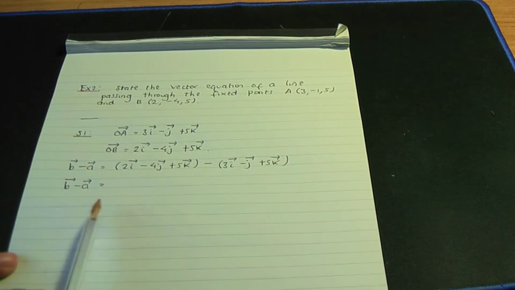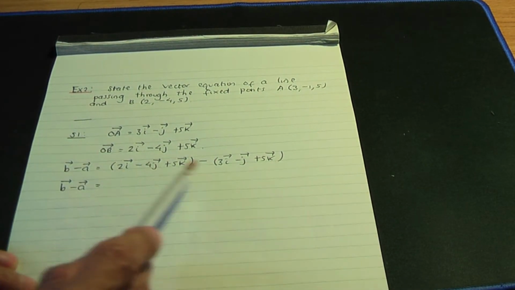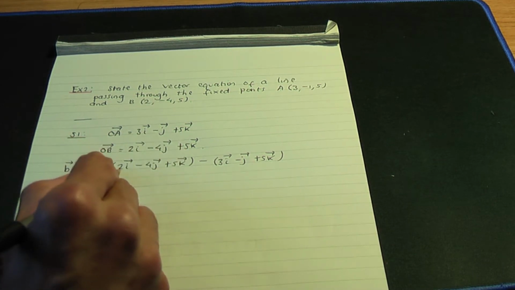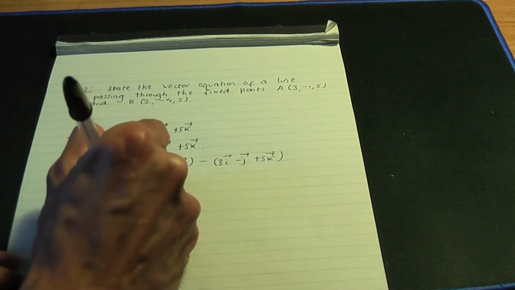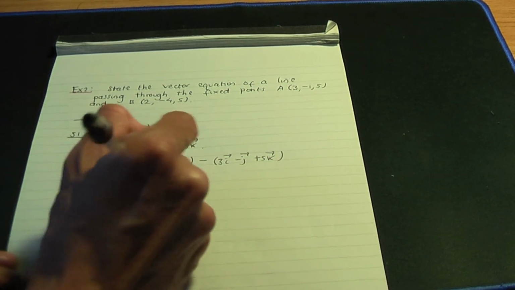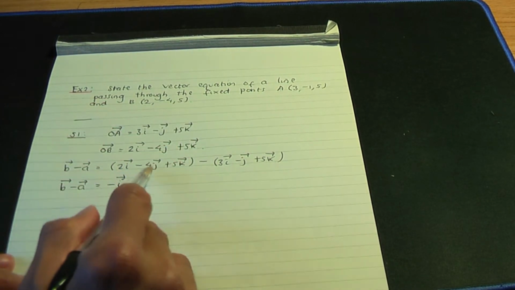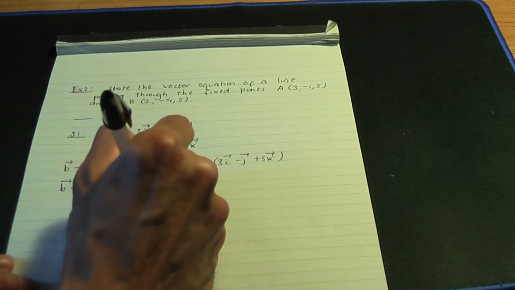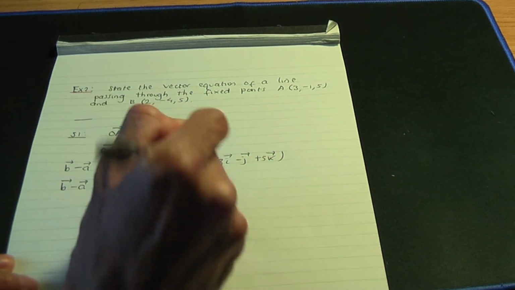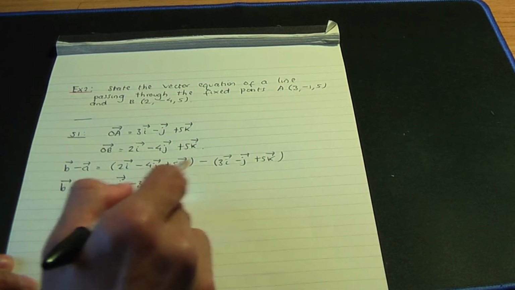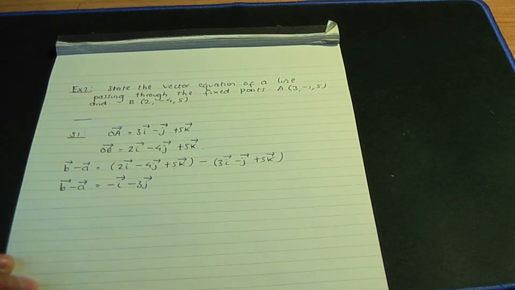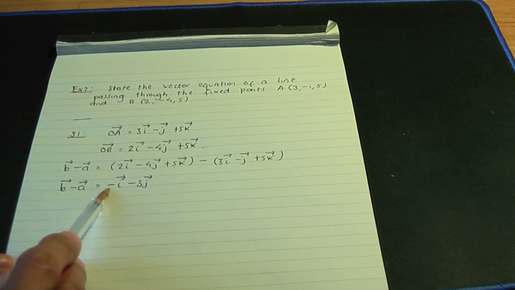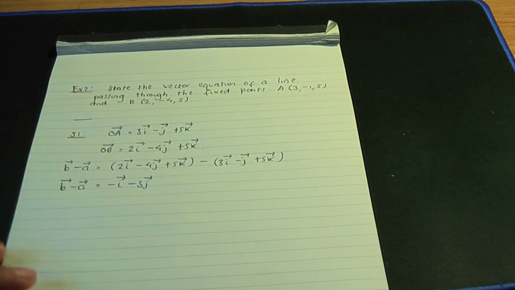If I add the like components, 2i minus 3i is minus i, and minus 4j minus minus j is minus 3j, and 5k minus 5k is 0k. So the vector b minus a in this case is minus i minus 3j.